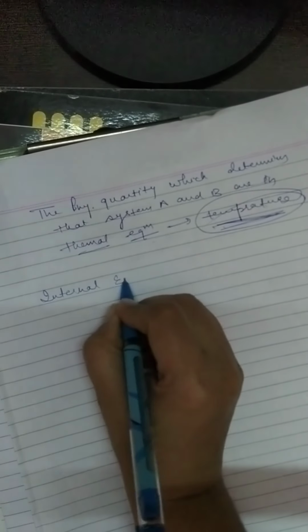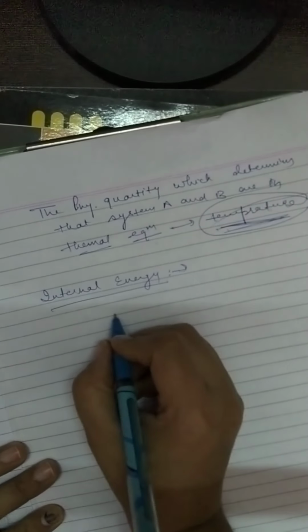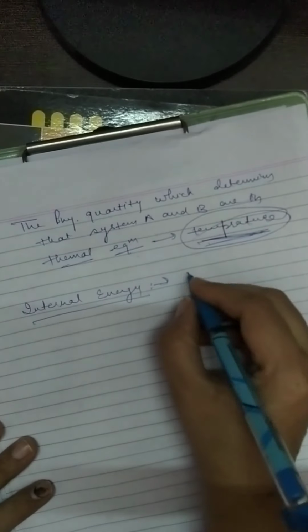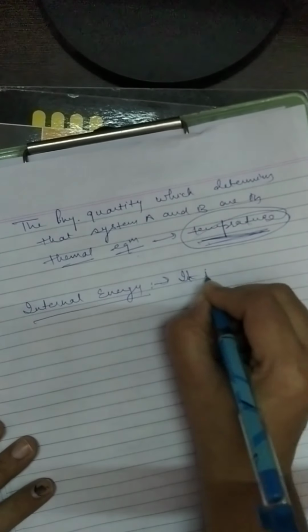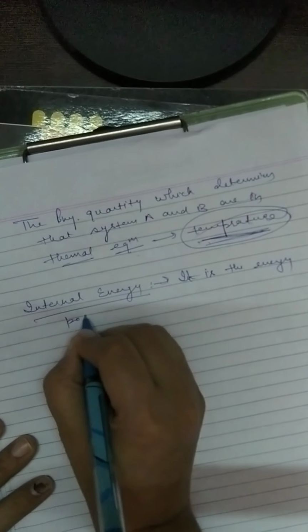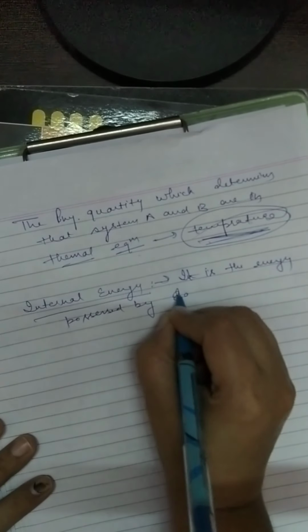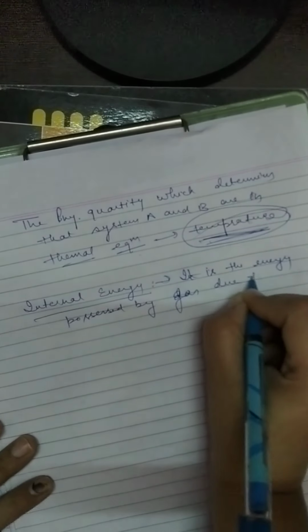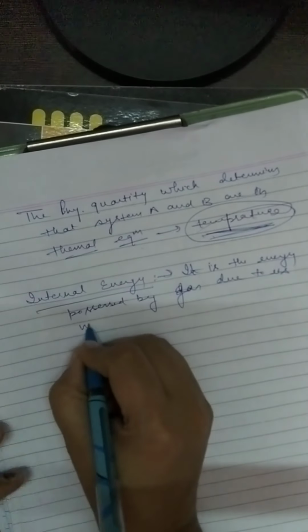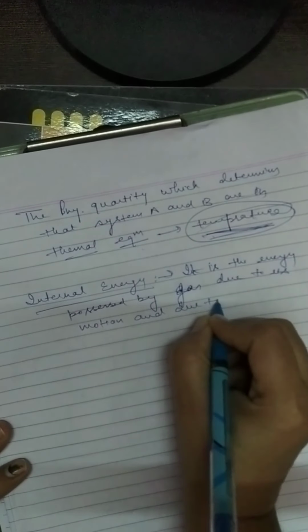Next is internal energy. Internal energy of a gas is the energy possessed by the gas due to its motion and due to its position.